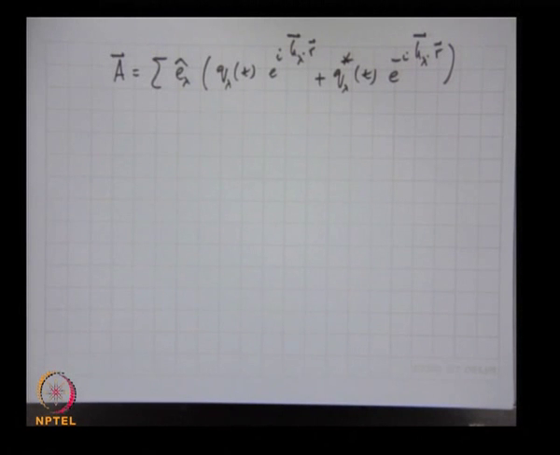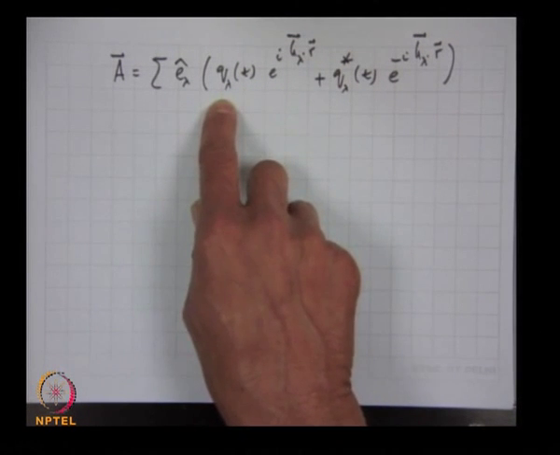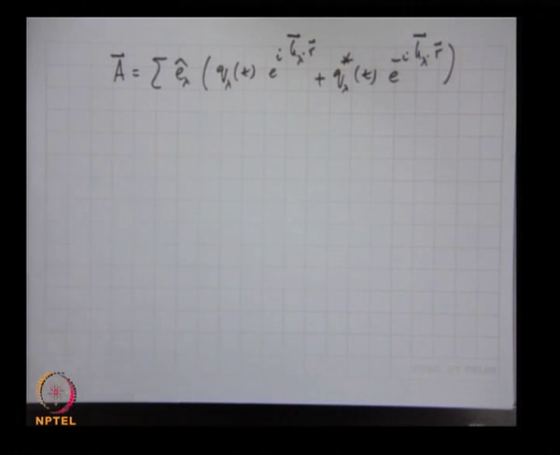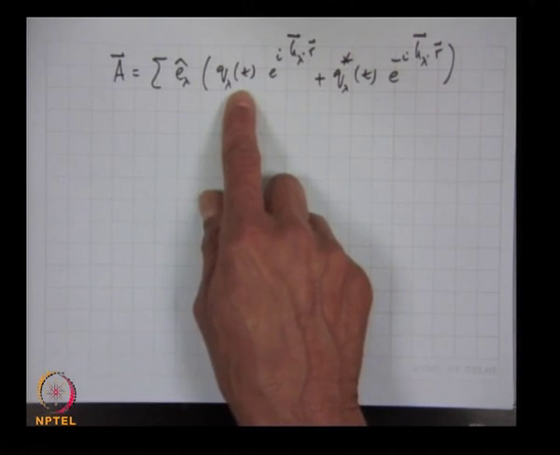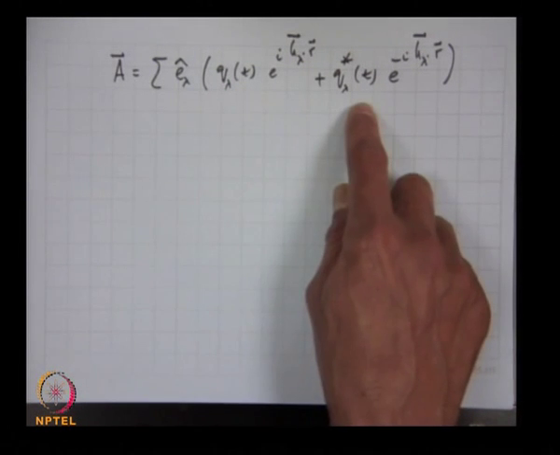Where I've absorbed the time dependence. The time dependence is contained in this coefficient Q lambda. It has the amplitude and the time dependence. The amplitude is just the Q lambda, and there is a time dependence which is classically exponential minus i omega lambda t and exponential i omega lambda t here.